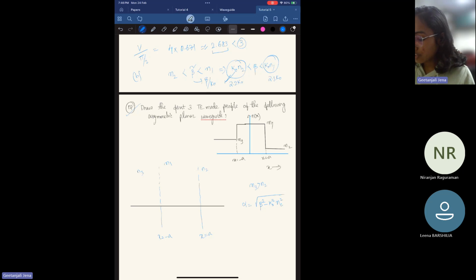So the penetration will decrease when we have a higher value of alpha, right? A higher value of alpha means a lower value of cladding refractive index.